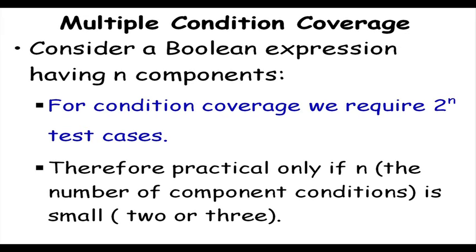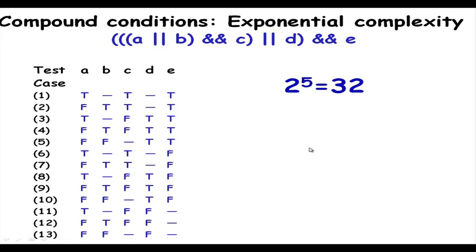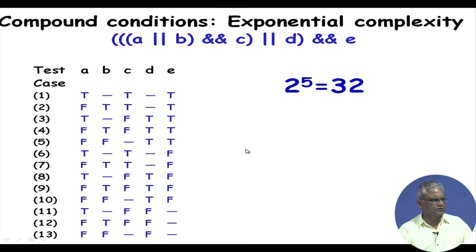Now, let us see how the multiple condition decision coverage can help us achieve the thoroughness of the multiple condition coverage without requiring an exponential number of test cases. So, this example just shows that we have 5 component conditions here, and therefore, we need 32 test cases for multiple condition coverage.